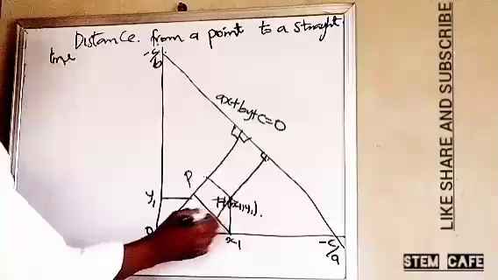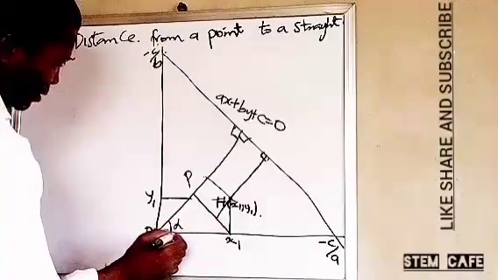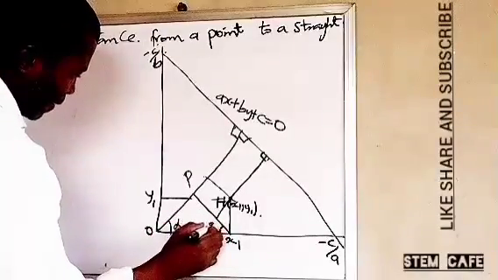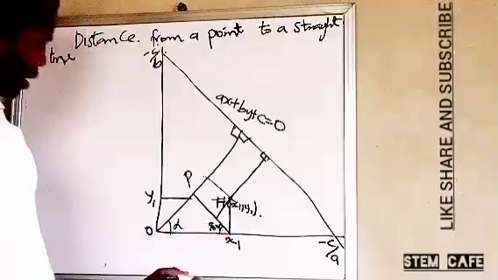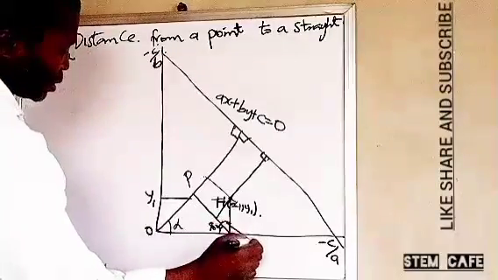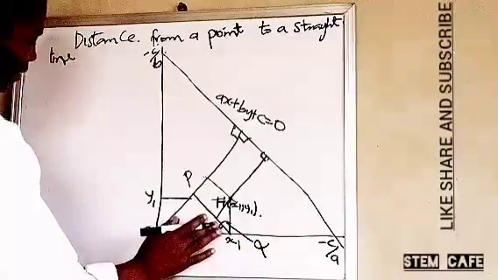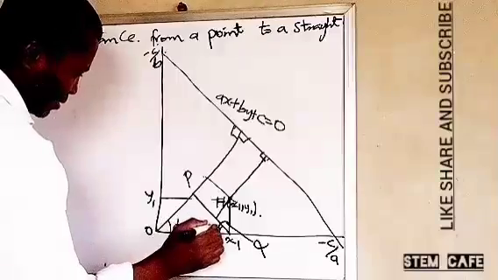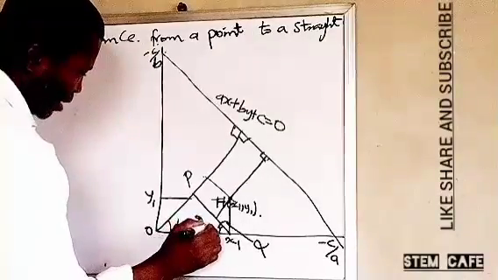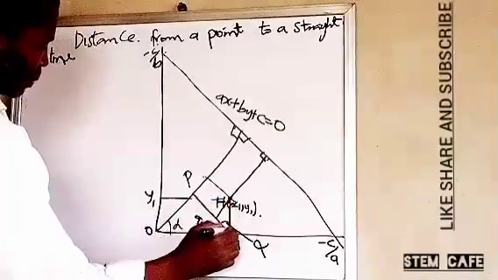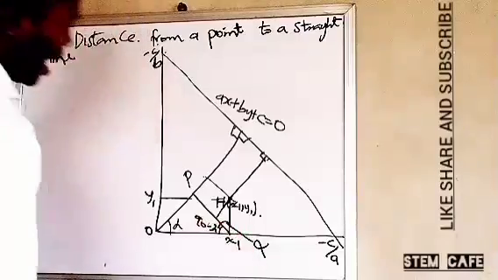Looking at this very well, this place will be alpha, this place will be 90 minus alpha. Automatically, this place too will be alpha. Please get it. This place will be 90 minus alpha. And since this is perpendicular to this line, this place too will be alpha.